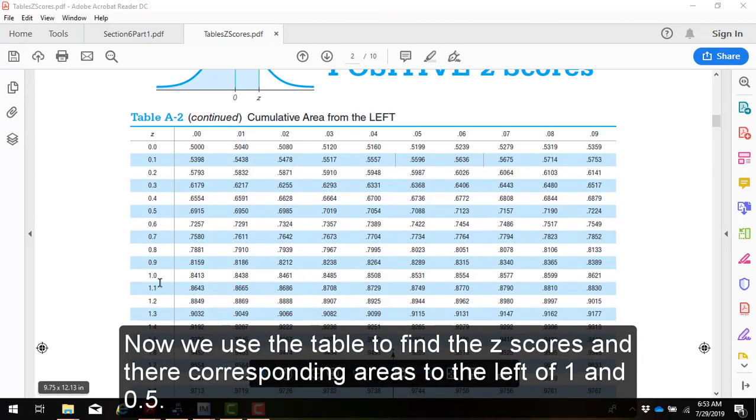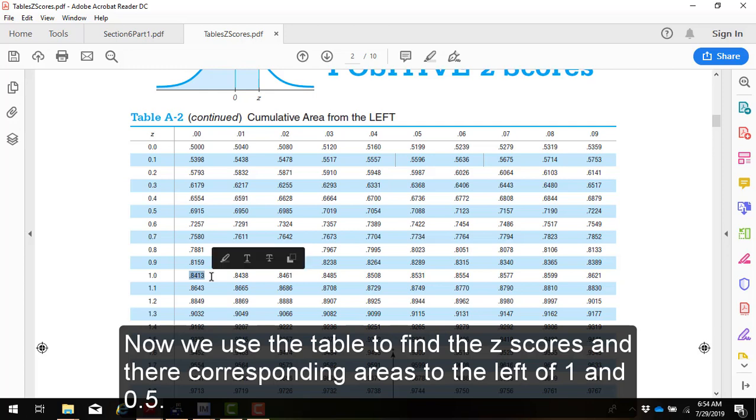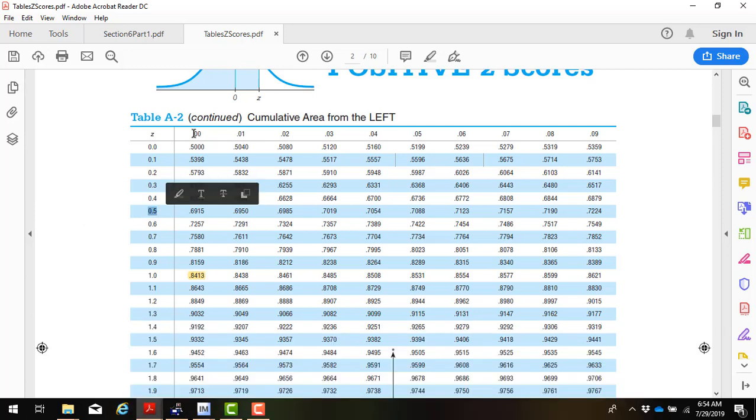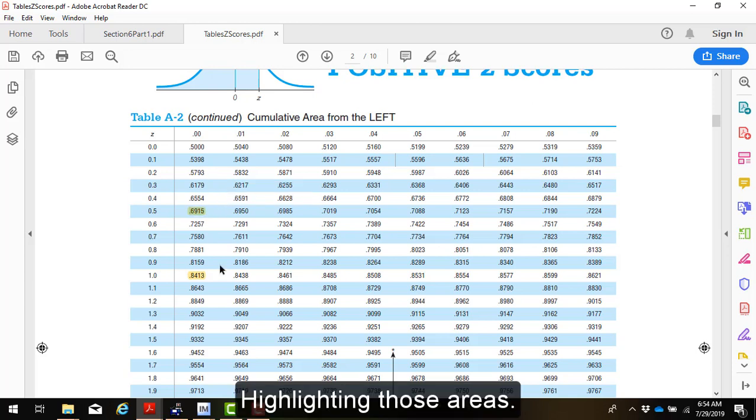Now we use the table to find the z-scores and their corresponding areas to the left of 1 and 0.5. Highlighting those areas.